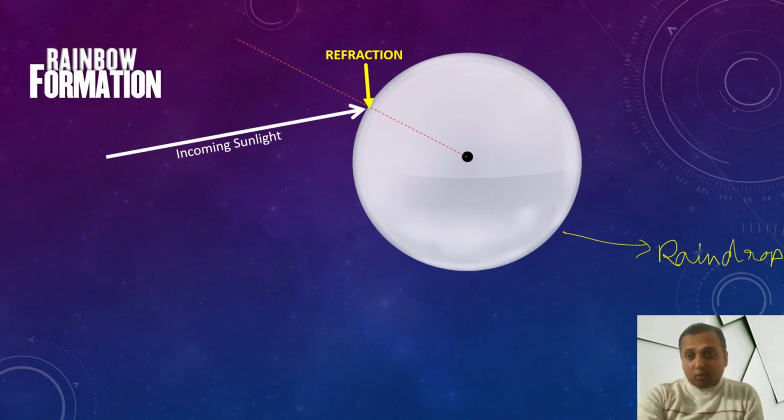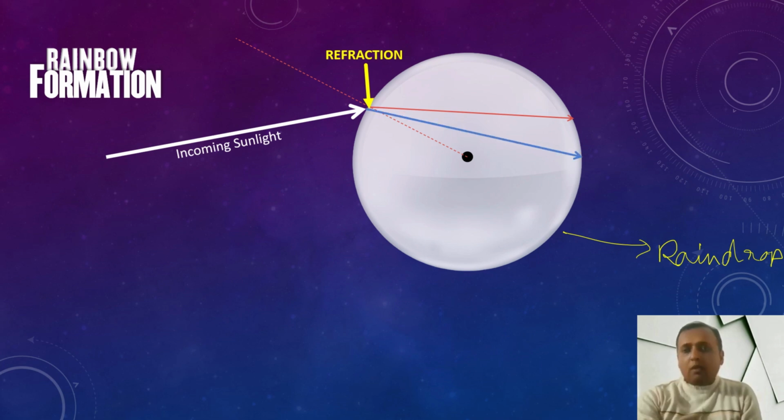Reflection also takes place, remember it, but we'll be considering refraction at this surface. This is where the light splits up into its constituent colors. Basically red and blue.